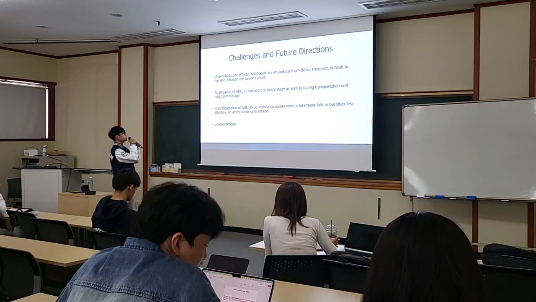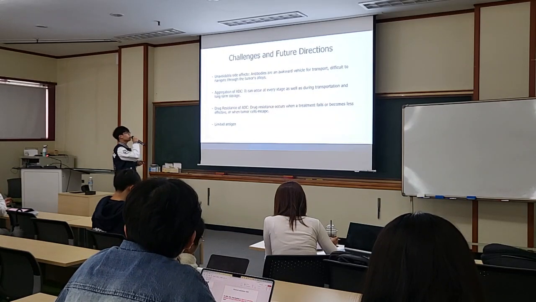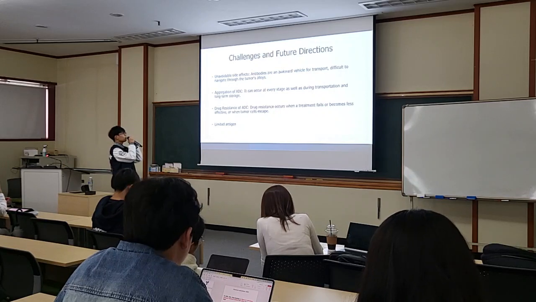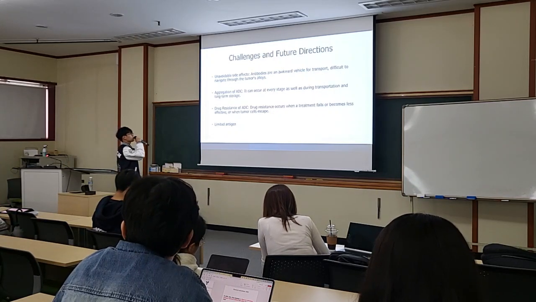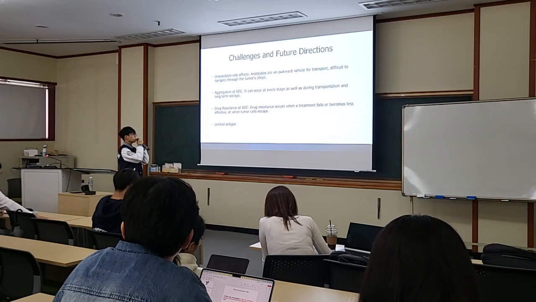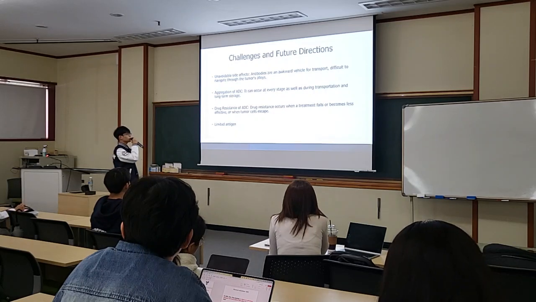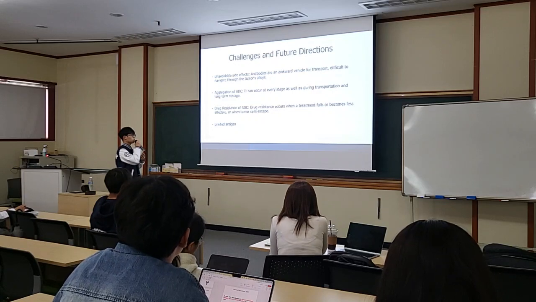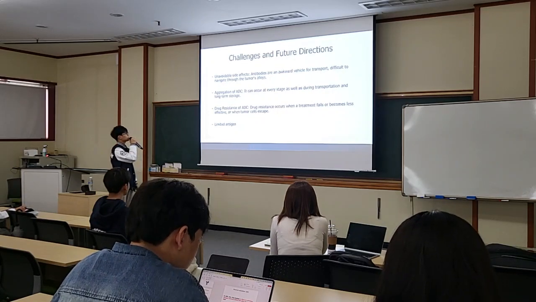There are some challenges and future directions. First is unavoidable side effects. Antibodies are an awkward vehicle for transport, and it is difficult to navigate through the tumorous areas. Only 1% to 2% can be transported into tumor cells, so more than 98% remains in our body, which can cause side effects.